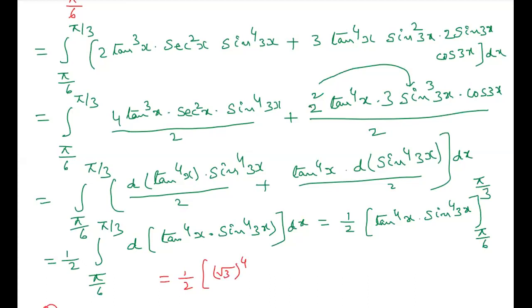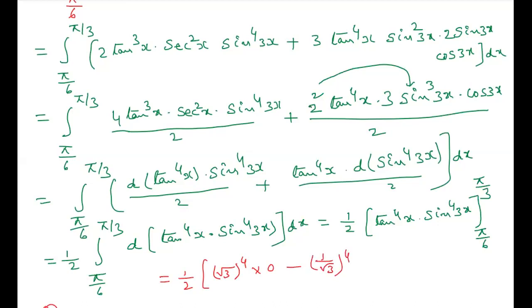Next sin 3x: substituting π/3 gives sin π, and sin π is 0. Minus, now substitute the lower limit: π/6 means tan 30° is 1/root 3, whole power 4.